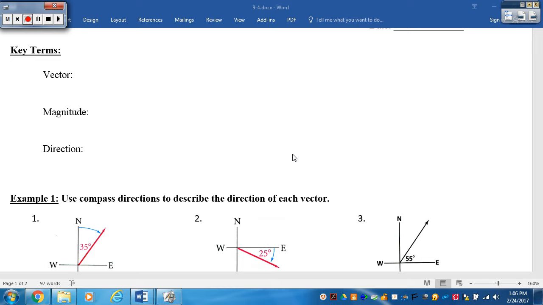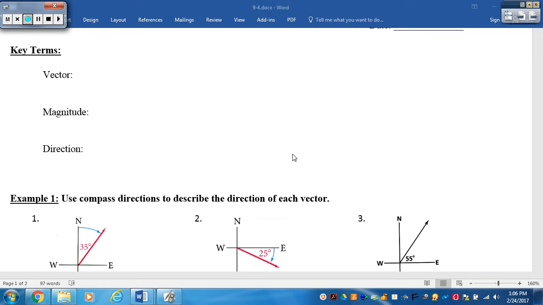So a vector is any quantity with both magnitude, and in parentheses I would put size, okay, and direction. A vector is any quantity with both magnitude, which is the size of something, and direction.